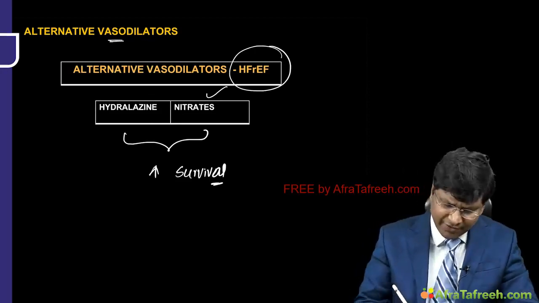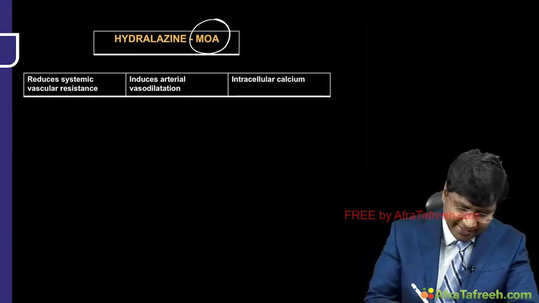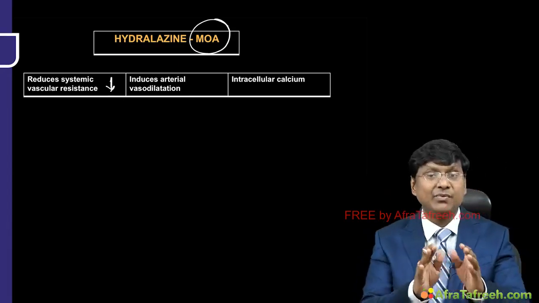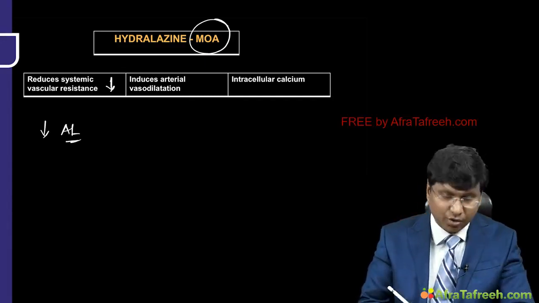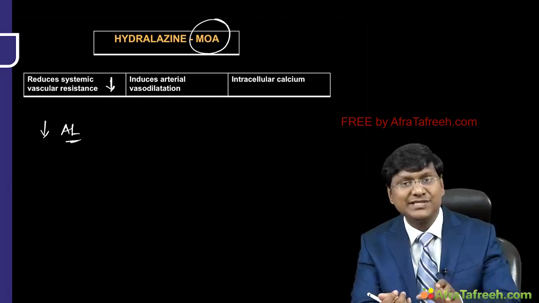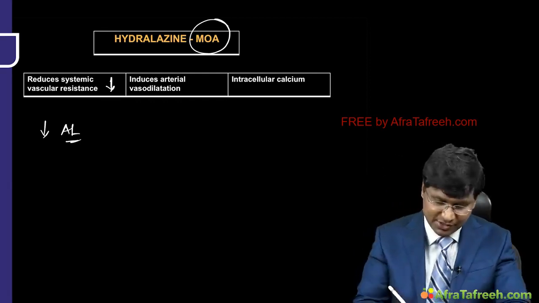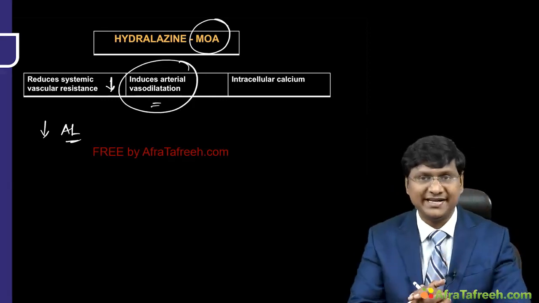Now, the mechanism of action of hydralazine: it reduces the systemic vascular tone and reduces the afterload on the heart. By reducing the systemic vascular resistance, it induces arterial vasodilatation.